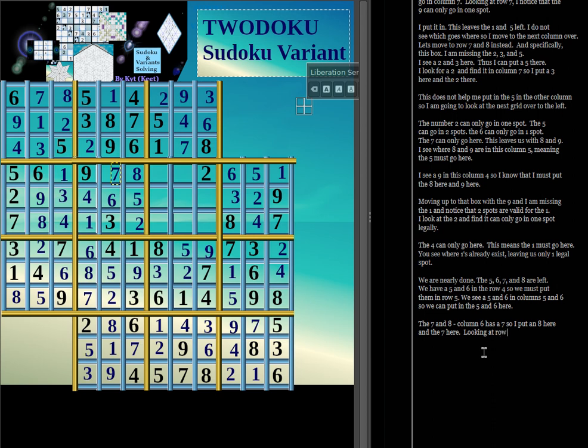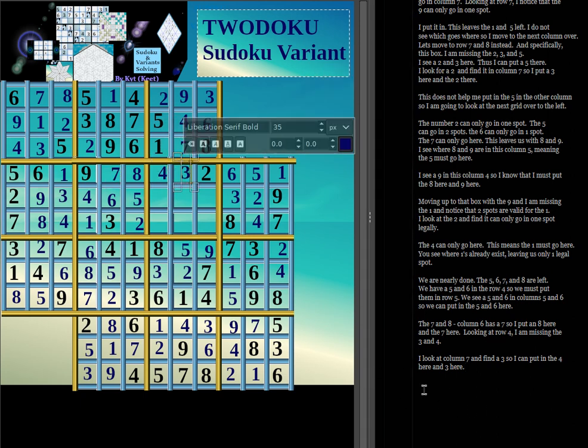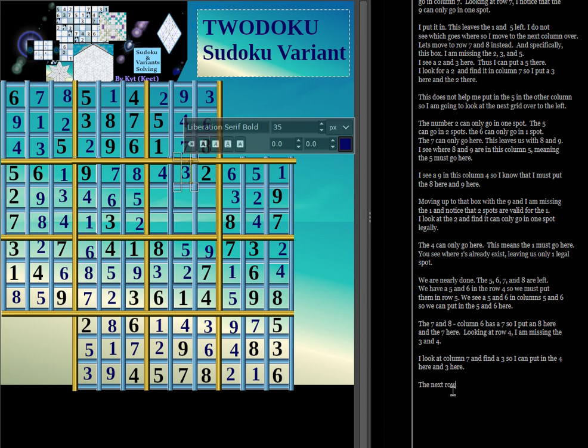Looking at row 4, I am missing the 3 and 4. I look at column 7 and find a 3, so I can put in the 4 here and 3 here. The next row is missing 7, 8, and 1.